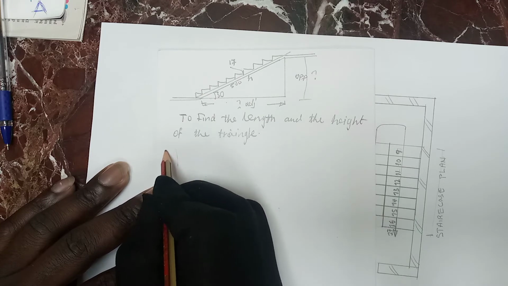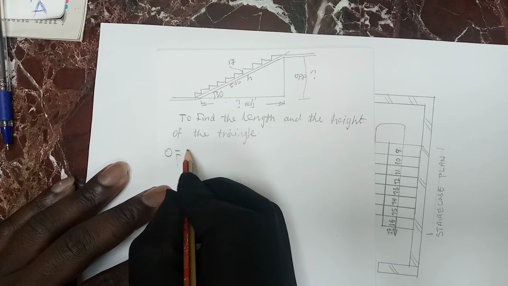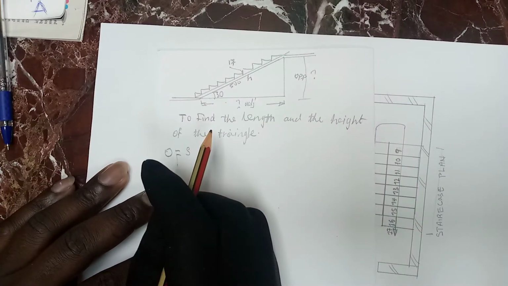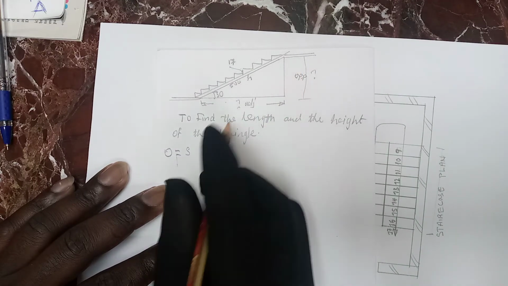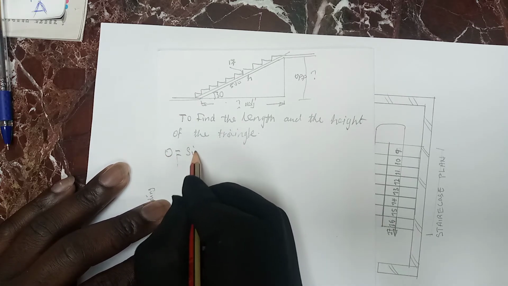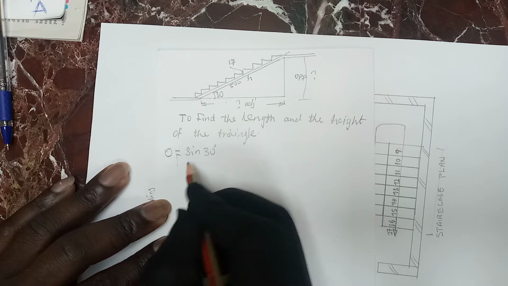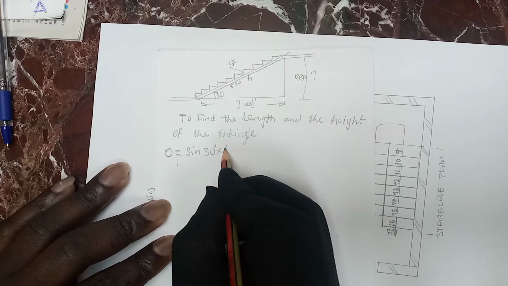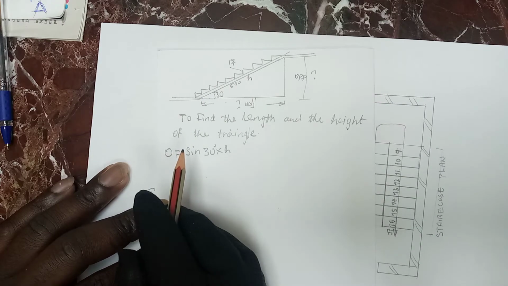So we use this formula: opposite, let me just put O, equals sine, because when there is opposite, it should be sine. When there is adjacent, it should be cos. So to look for this height, the opposite equals sine 30 degrees times the hypotenuse, which is the slope of the staircase.